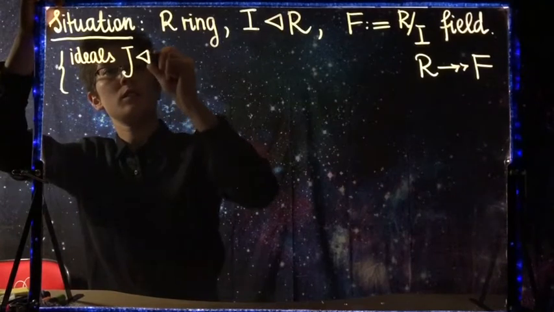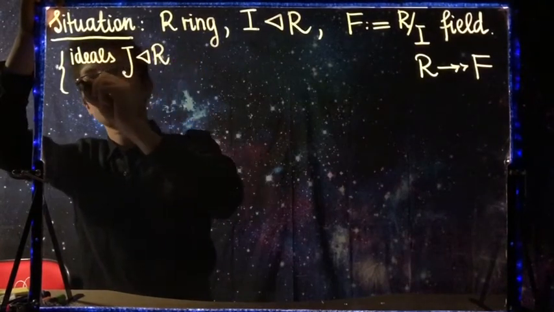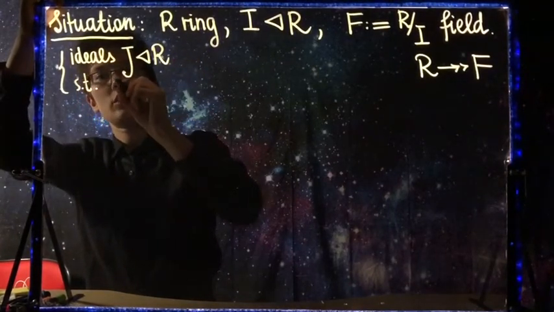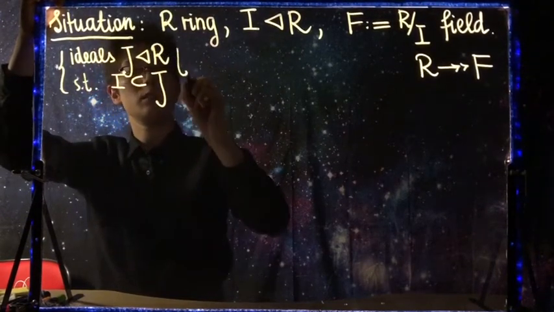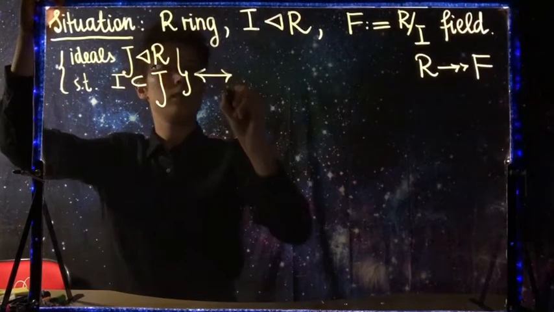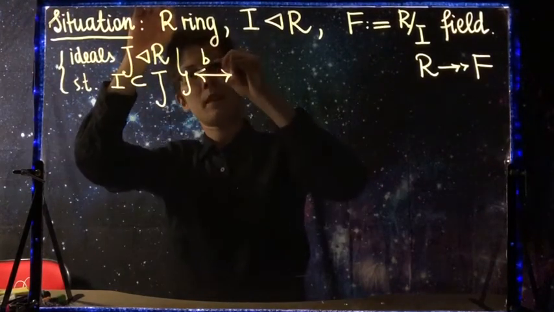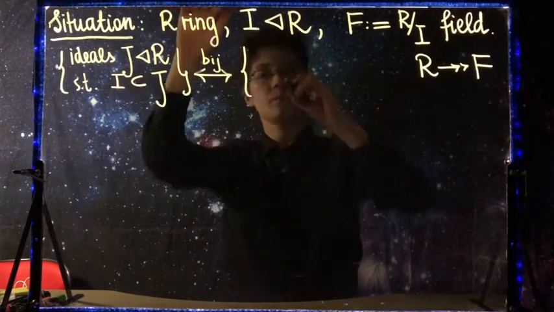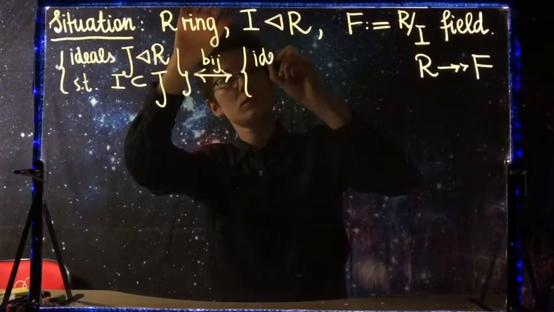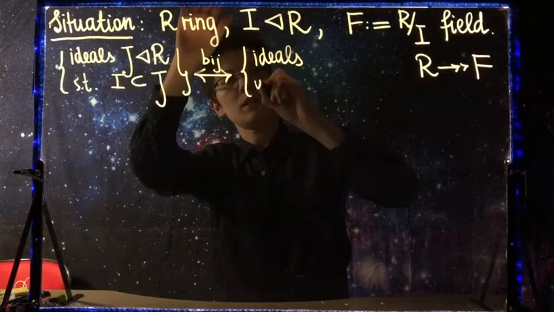The set of ideals J in R which contain I, such that I is inside J, is in bijection with the ideals of F.